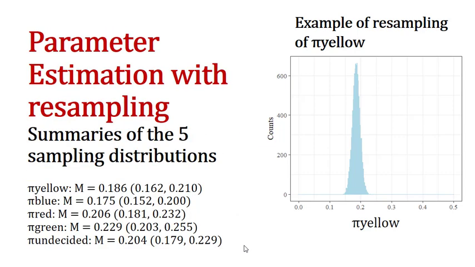Okay, so here we've got the means of these distributions, for the pie yellow and for the others. So pi yellow mean is 0.186, and the confidence interval is 0.162 to 0.210, and we've got the same information for all the categories.